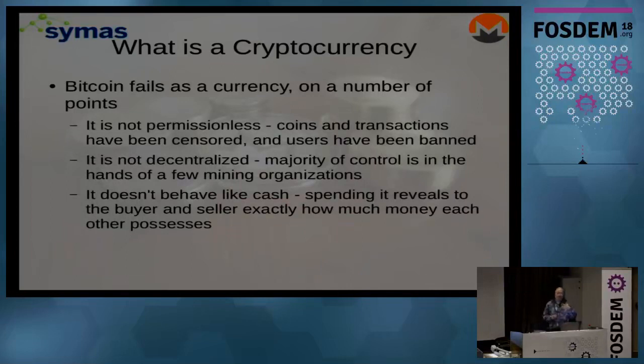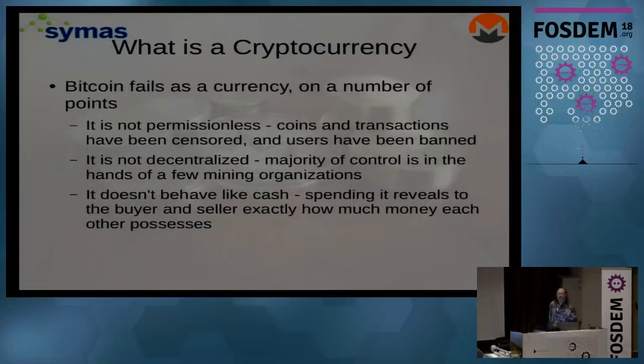This is not theoretical. This has happened to lots of users already. In actuality, even though Bitcoin is used all around the world, it's not a decentralized system. The majority of mining power in the Bitcoin network is concentrated in a handful of companies all located in China.